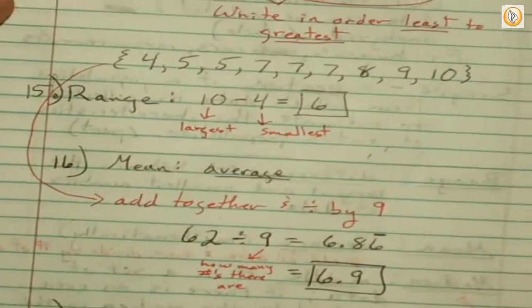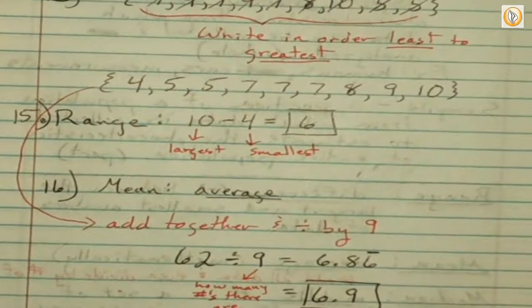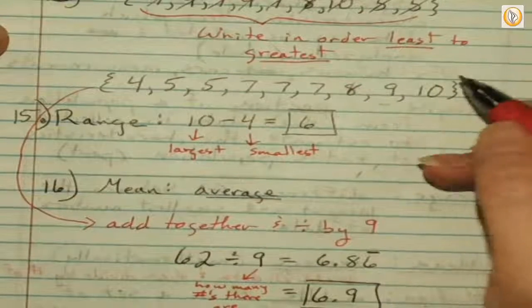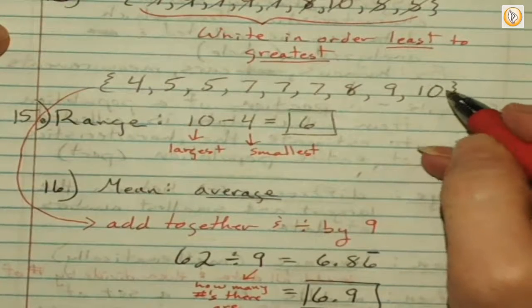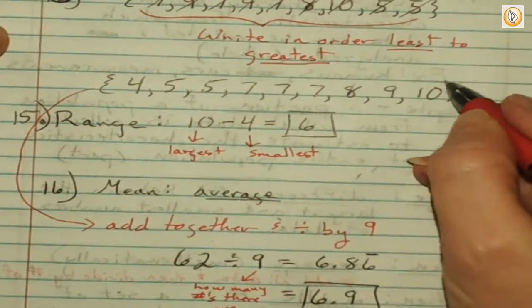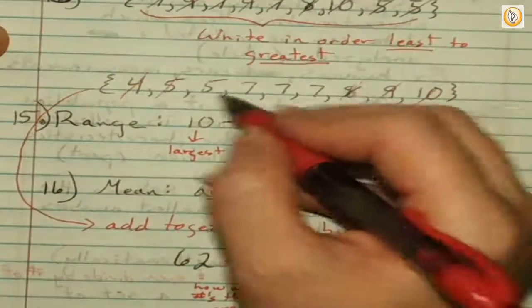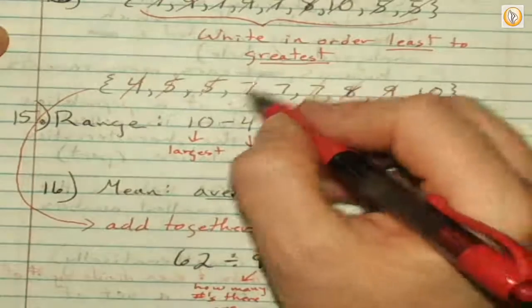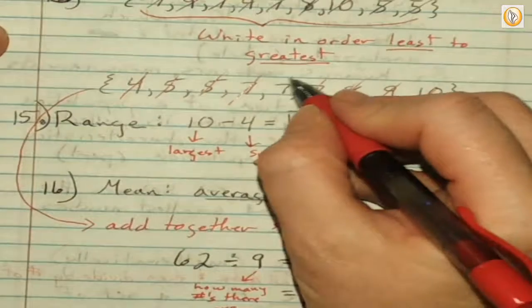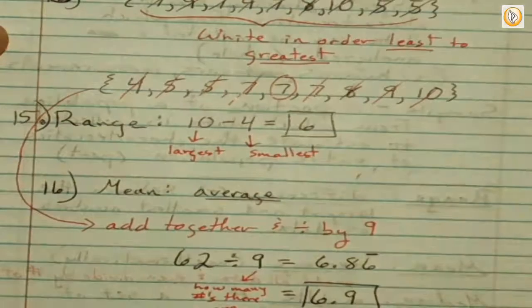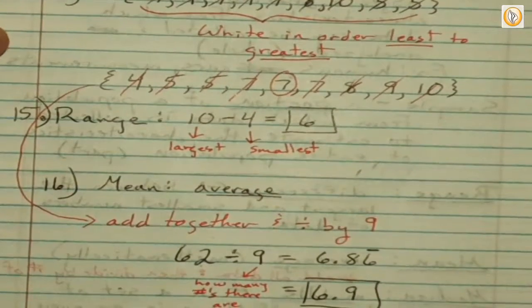Middle number. I'm going to take my other pen, and I'm going to start crossing off the ends. See how I do that? And I'm left with 7, smack dab in the middle. Y'all see how I did that?